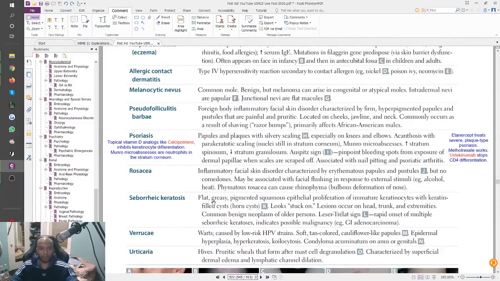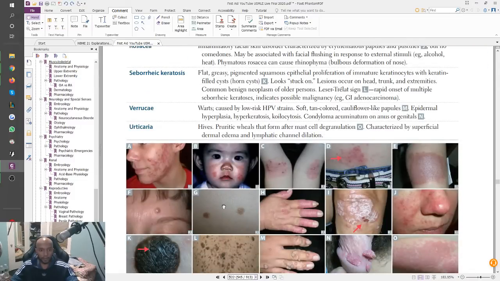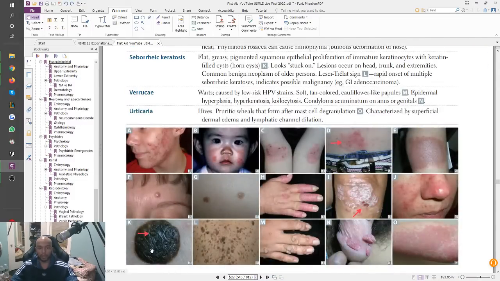Right here, seborrheic keratosis. Flat, greasy, pigmented squamous epithelial proliferation of immature keratinocytes, and it looks like image K. Like this, right? So it's really dark, and there is a little horn type of thing sticking out here too, right? It looks stuck on, horn cyst, but that's not what our patient had.